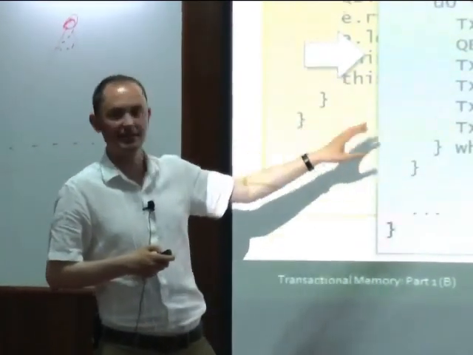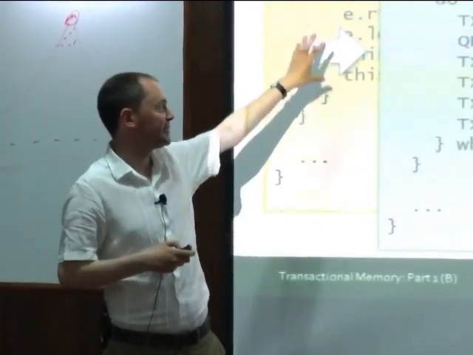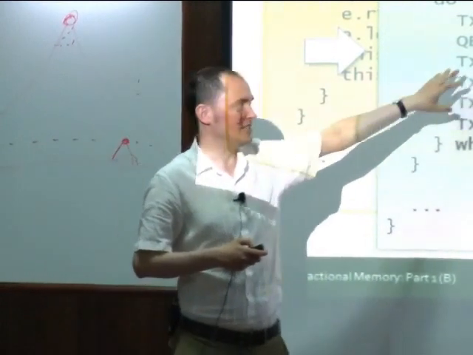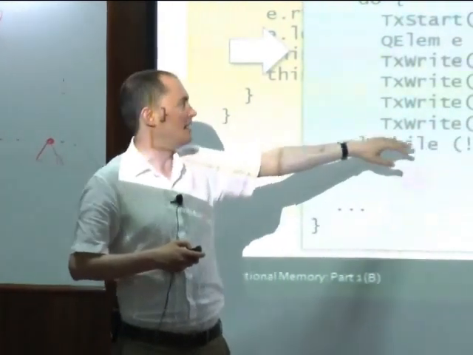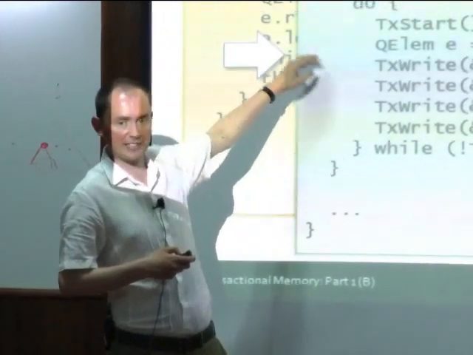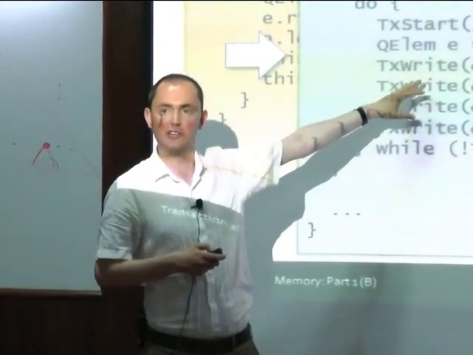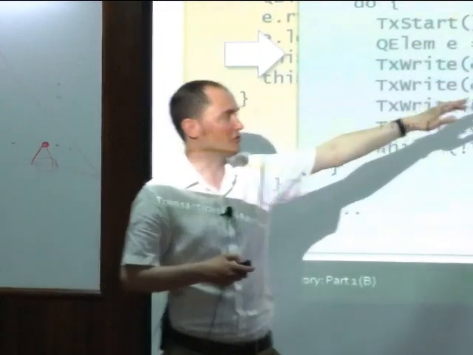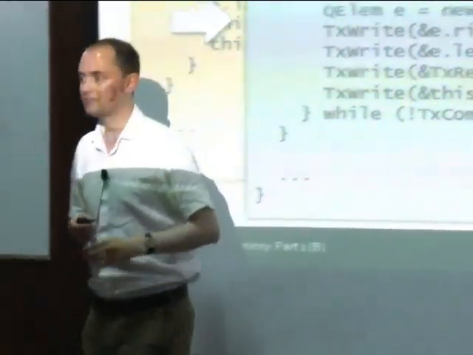So the basic idea is that we'll have the compiler expand the high-level syntax into a series of reads and writes. Each of the writes to a field turns into a call to a write function on the STM runtime system, each of the reads turning into a read function.